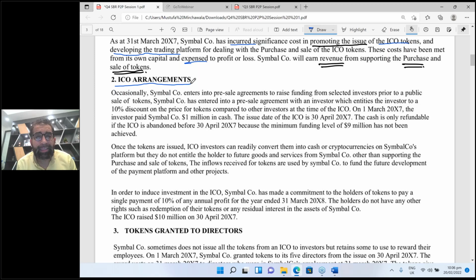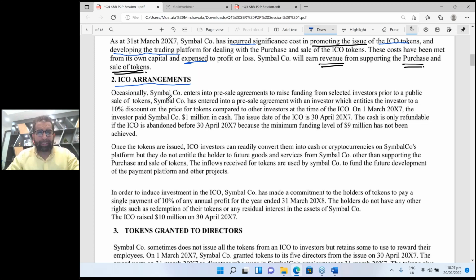The first one is 31st March X7, and the second one is 31st March X8.